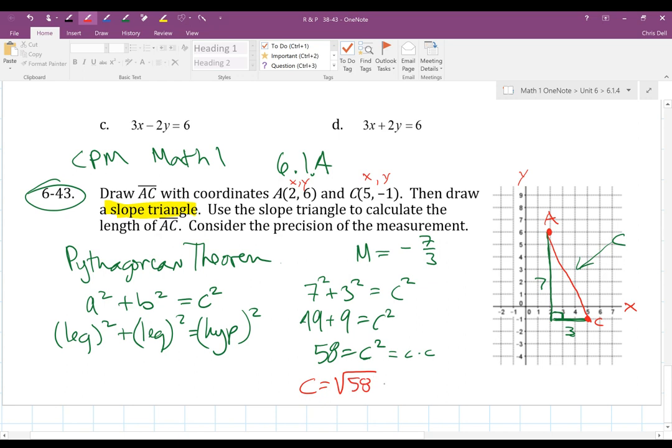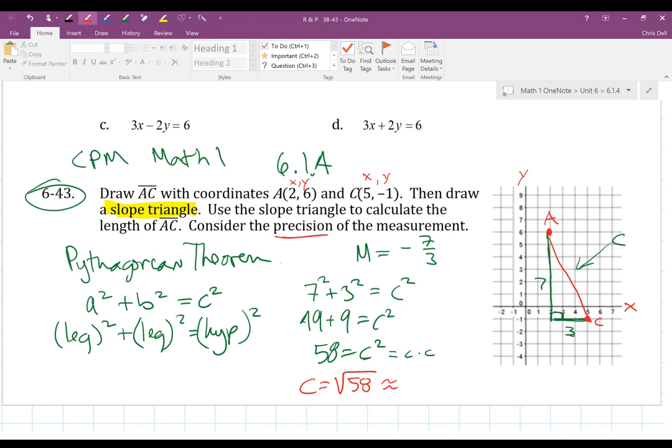At that point, you can utilize a calculator to get an approximate answer, or you can leave your answer. It says consider precision of measurement. You can leave your answer as the square root of 58, because the square root of 58 is irrational, so we would not be able to get an exact decimal answer. We can get an approximate. So we'll do that real quick.